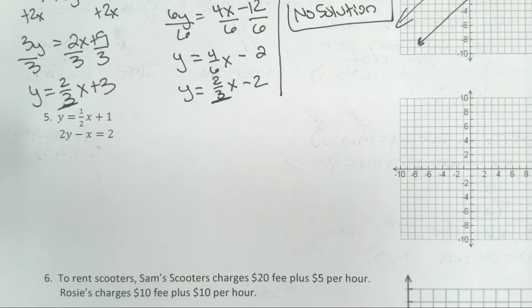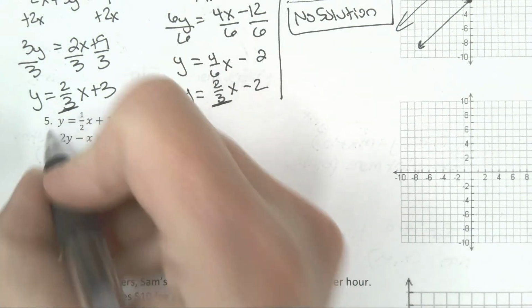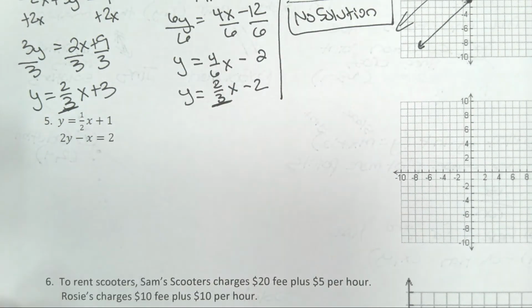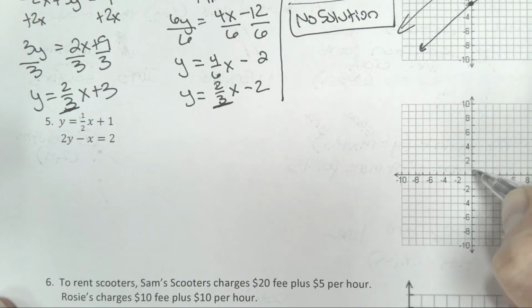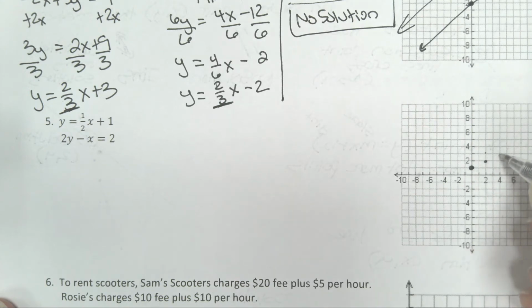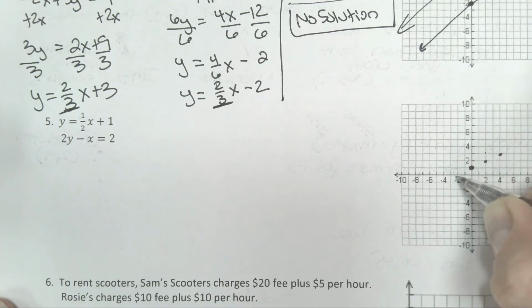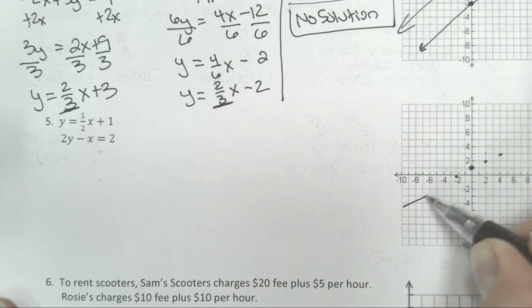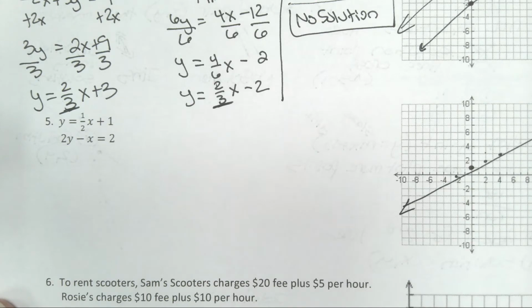Next one. So the first one, 1/2 x plus 1, so we can start right in on that first one. Y-intercept at 1, go up 1 and right 2 a couple times. And connect the dots.